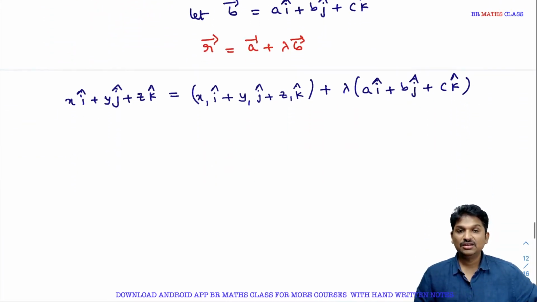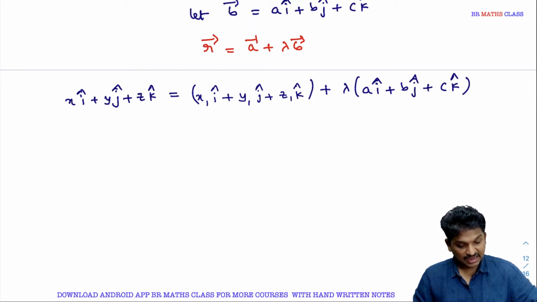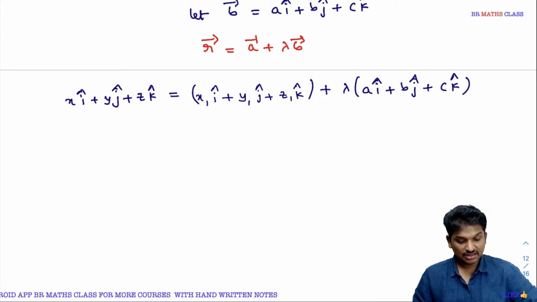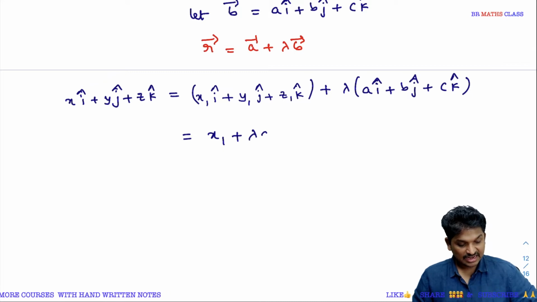See here what I will get. Here i cap is there, here also i cap is there. First you multiply with lambda. Then right hand side you will get x1 plus lambda a into i cap.